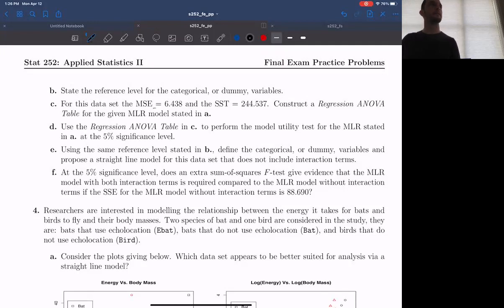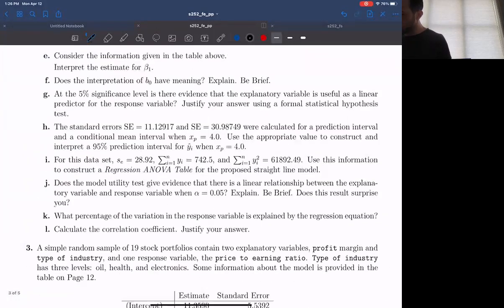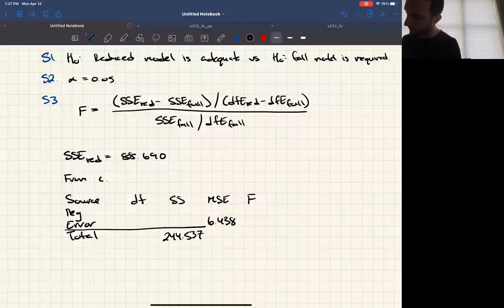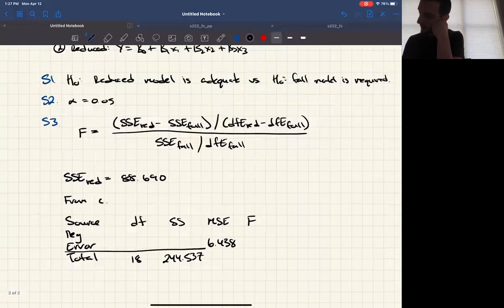We have 19 stock portfolios, so little n is equal to 19, and this is going to be 18 right here.